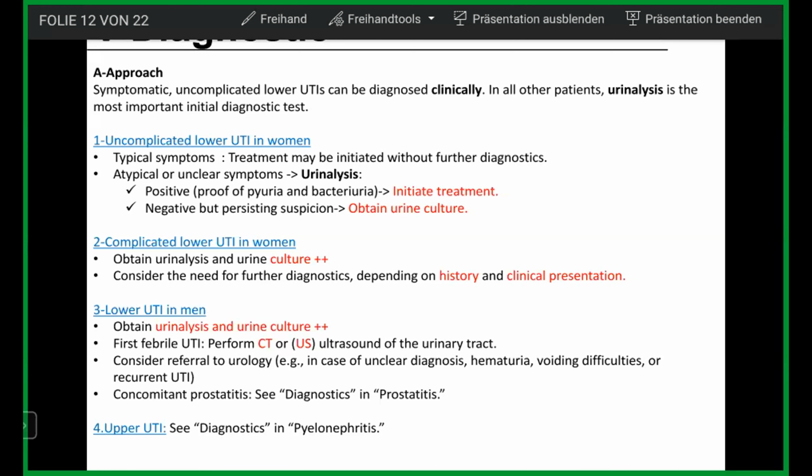Urine culture, I don't know if you know how it works. We give a small bottle to the patient, and we say they have to give us not the first, but the middle urine. They have to start to urinate, block, and then give us the middle part of the urine, and we see the culture.